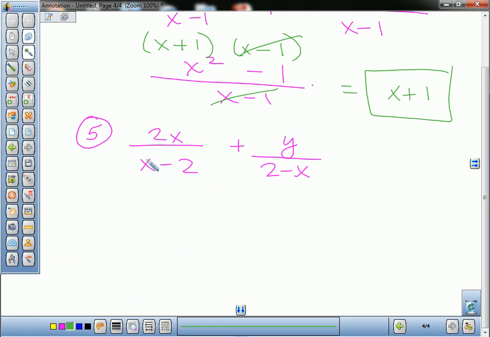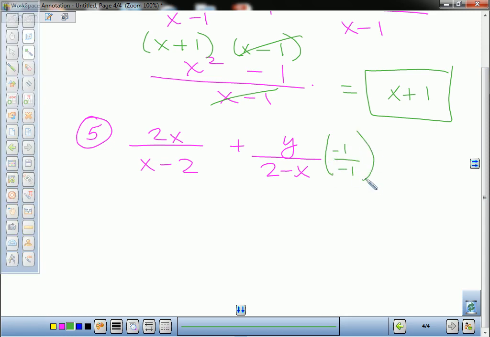When I look at these 2 denominators, they're just opposite signs. Do you see that? So, if I multiply this one by negative 1 over negative 1, negative 1 divided by negative 1 is just 1. So I'm not changing the value of this expression at all. But I am forcing a common denominator, because multiplying by negative 1 just changes the signs. And isn't negative 2 plus x the same as x minus 2?